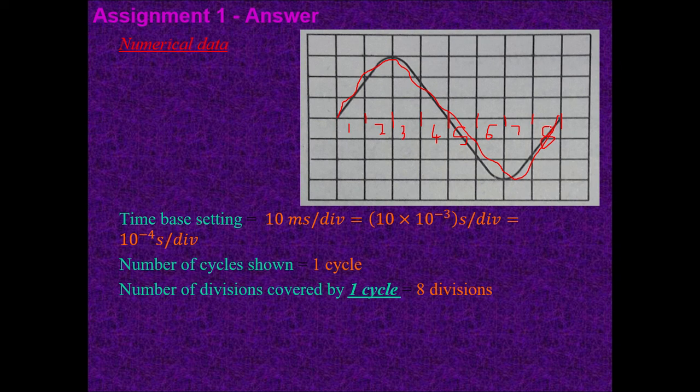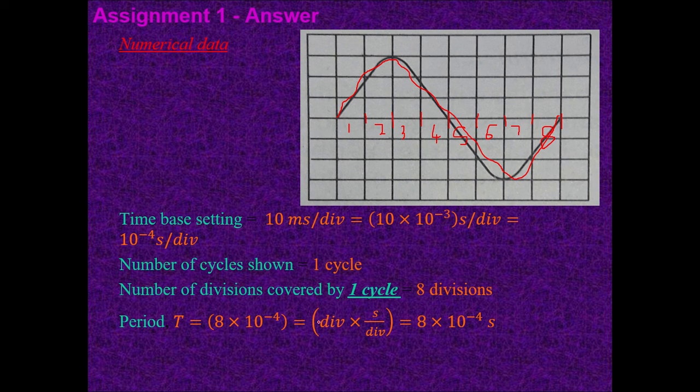So first we get the period, and the period will be equal to the number of divisions multiplied by the time per division. In this case you'll have 8 by 10 power negative 4, because each division is 10 power negative 4 multiplied by 8, which gives you the total time.